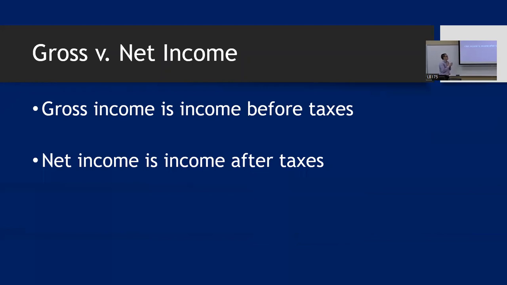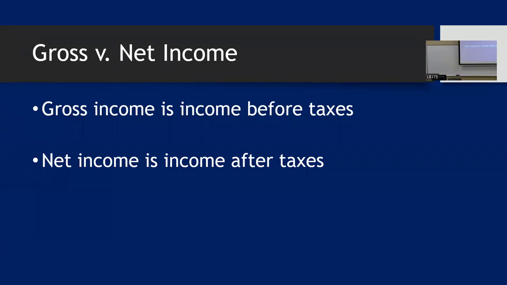Now, I've been referring to income so far. Every time I write income is equal to $80,000, or income was equal to $98,000 or something like that, that actually was the income before taxes.